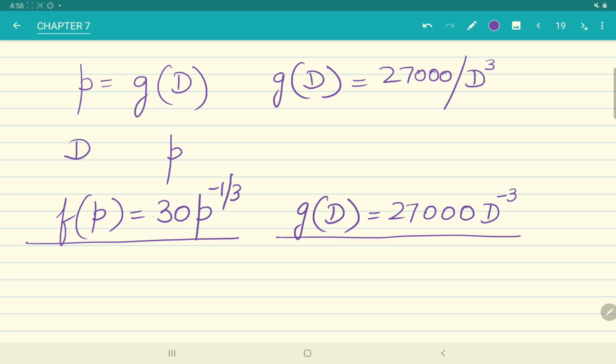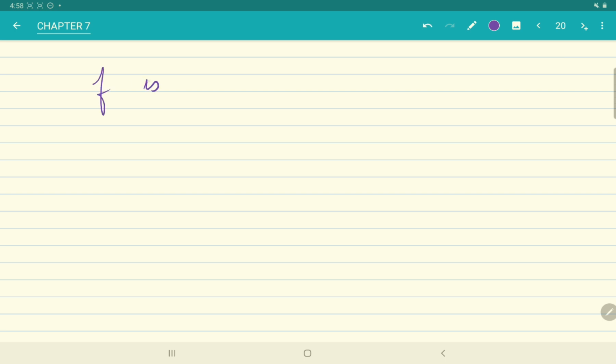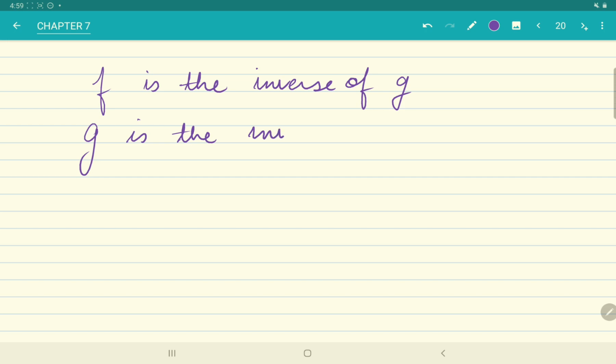So f of p and g of d are called inverses of each other. And we can also say that the function f is the inverse of g, and g is the inverse of f.